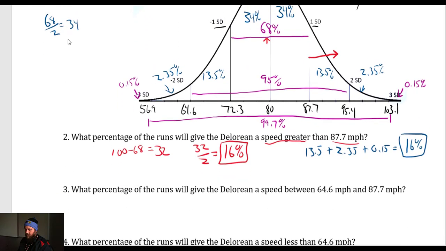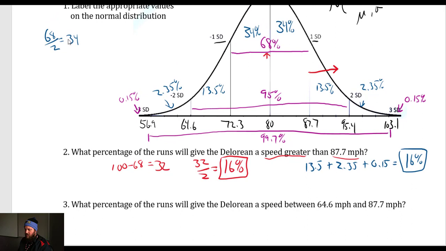Alright, so what percent of the runs will give the DeLorean a speed between 64.6 and 87.7? Let's use a green here on this one. We're going from 64.6 to 87.7, so I'm going to underline these so we know what's green goes with that one.